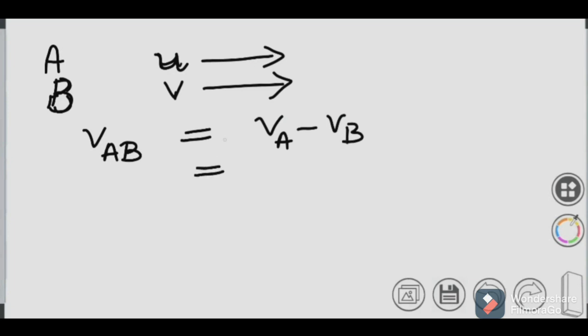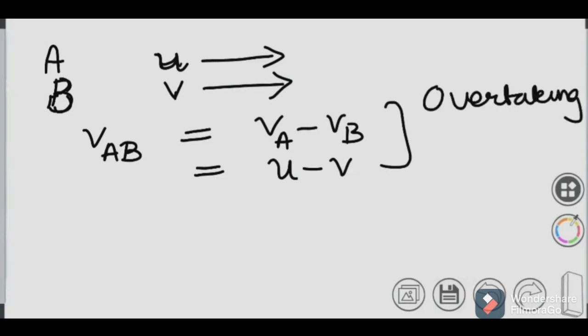So it would be u minus v. This is while overtaking. But ma'am, shouldn't it be plus because the direction of v is already opposite? Like both of the trains are going opposite. They're crossing each other.